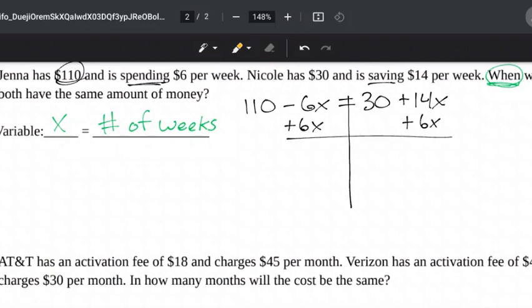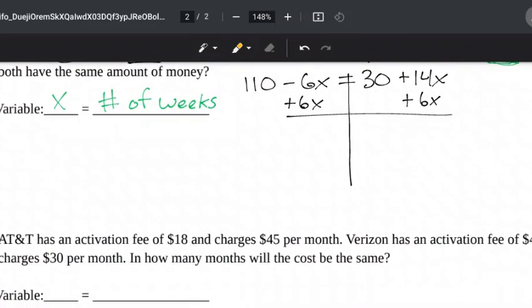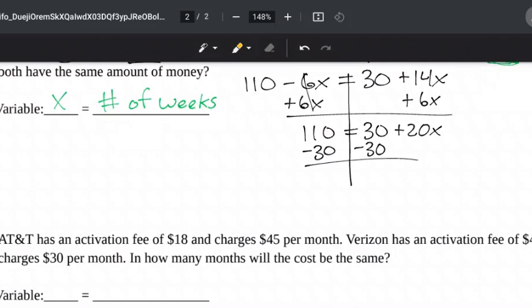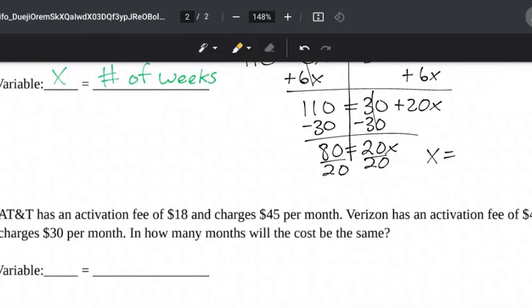So I'm going to choose to add 6x so that we can avoid working with negatives. And we get 20x. Going to subtract 30. We get 110 minus 30 is 80. And then we're dividing by 20. And we're going to get x equals 4.